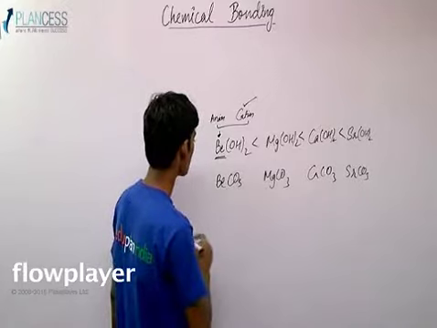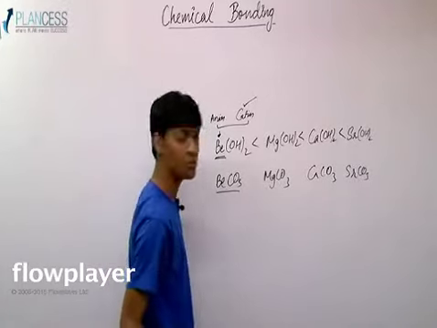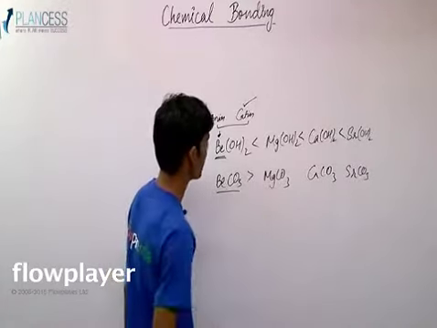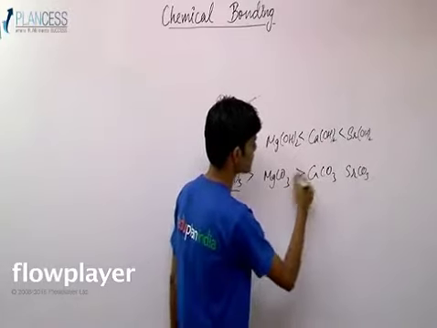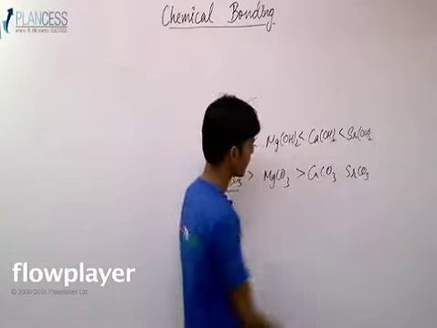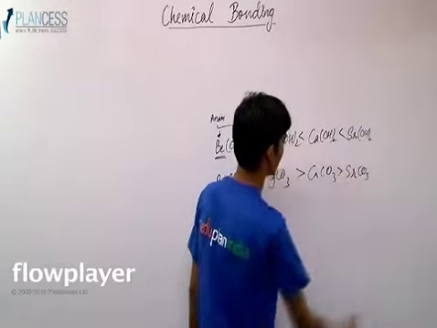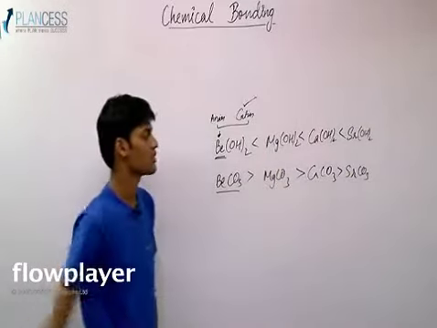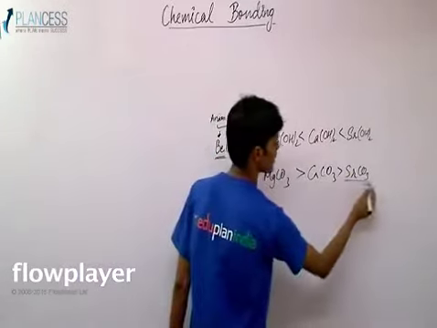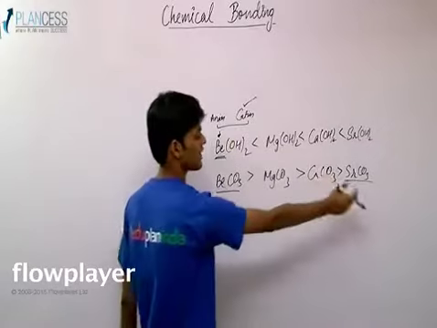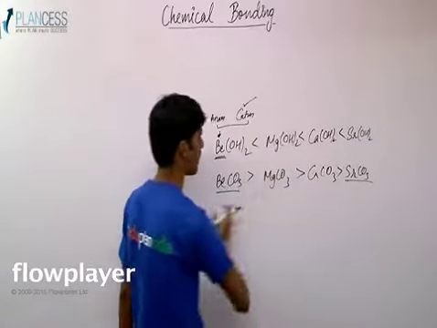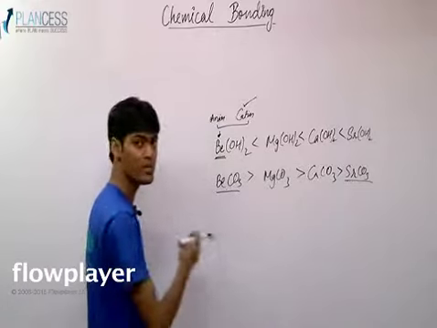So BeCO3 will have more solubility as compared to MgCO3. MgCO3 in turn will have more solubility than CaCO3, which in turn will have more solubility than SrCO3, because hydration energy for SrCO3 is the least, and the lattice enthalpy for SrCO3 and all the other carbonates is pretty much the same.